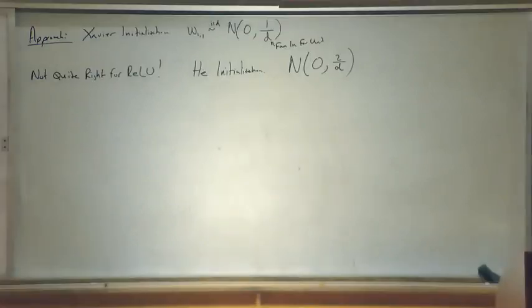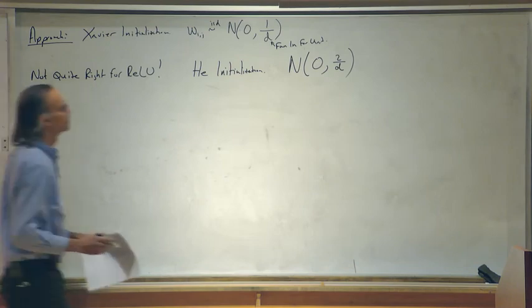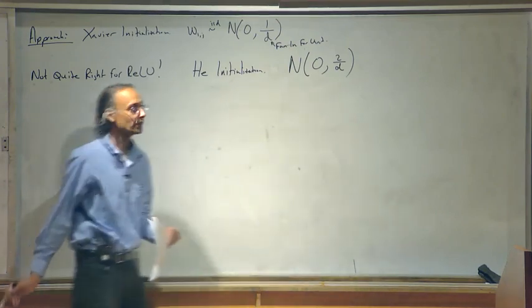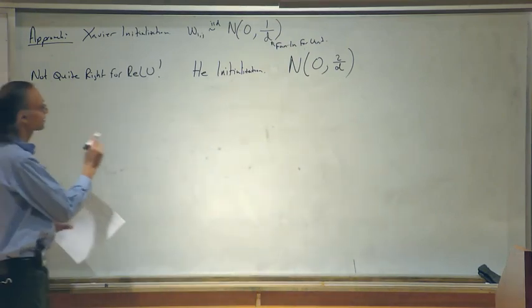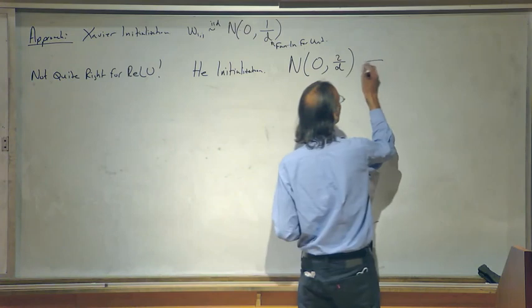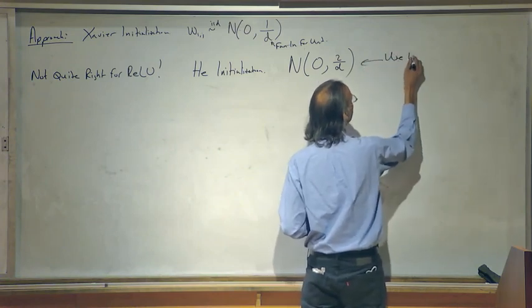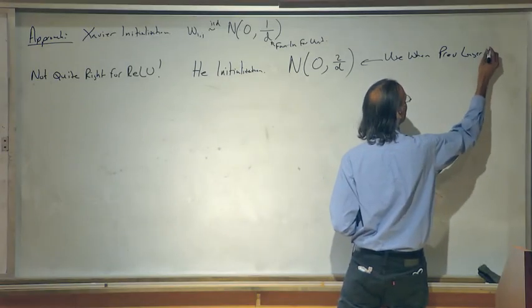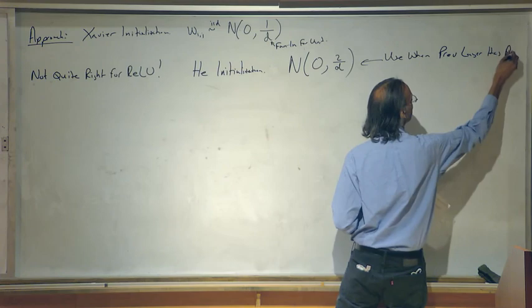If your layer has an asymmetric fan-in, whatever the fan-in is for this unit, use the d for that. So same thing here. It's the fan-in for the unit. And now what matters here is to use it when the previous layer has ReLU.